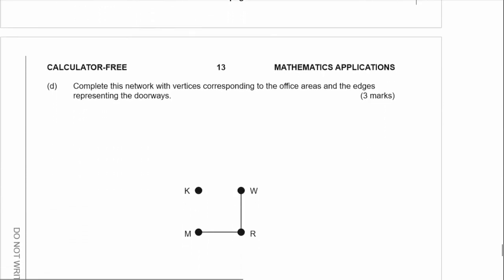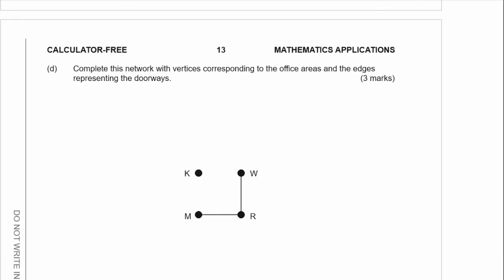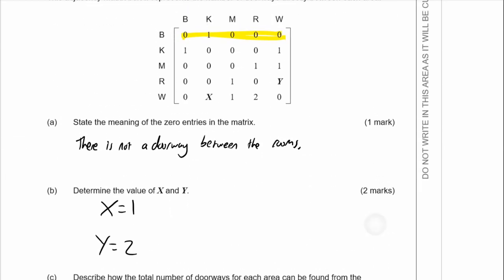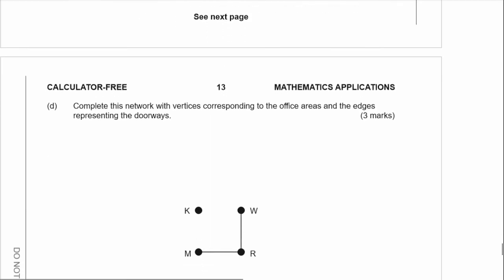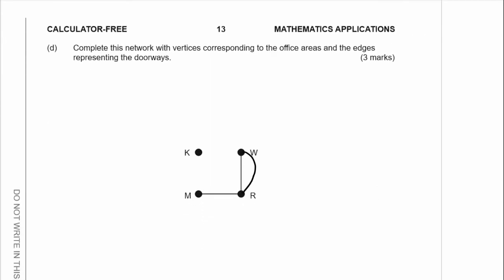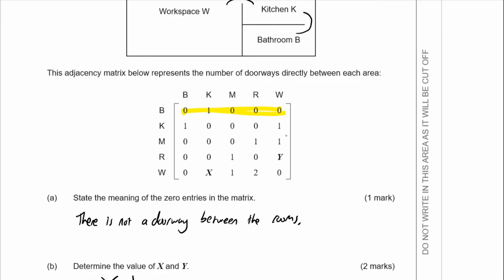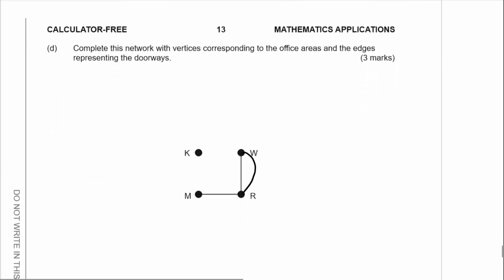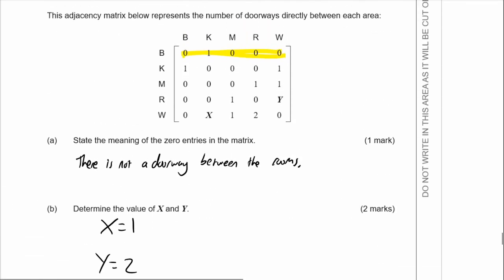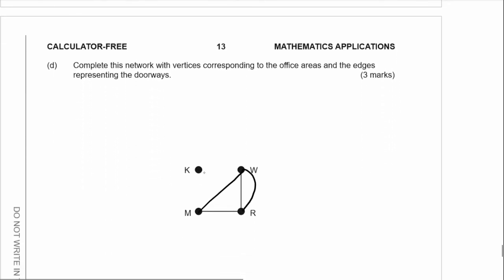Complete this network with vertices to the office areas. So let's check out what R is. R can go to M, and there's 2 ways for R to go to W. So we'll just add an extra edge going from R to W. M can go to R and W. K can only go to B and W. So K can go to W, and K can also go to B, which isn't on there at the moment.